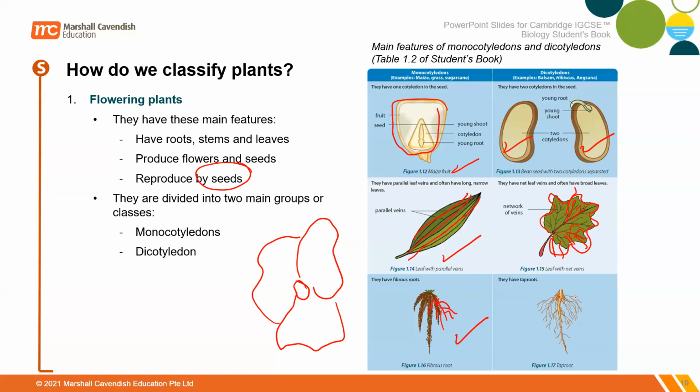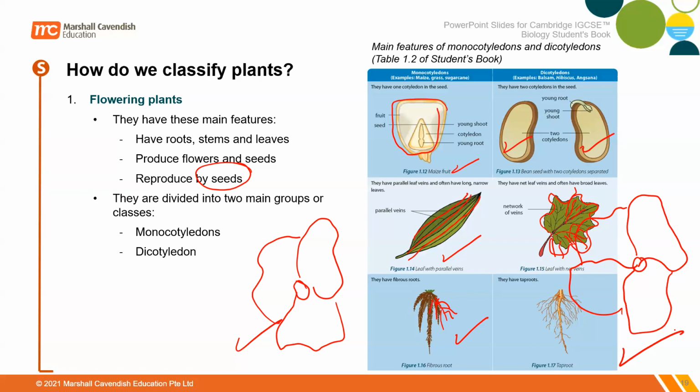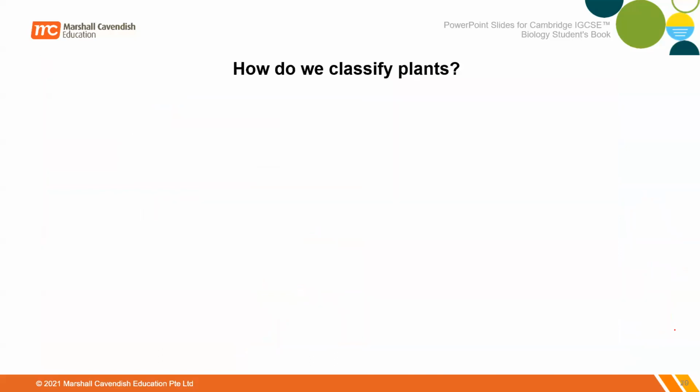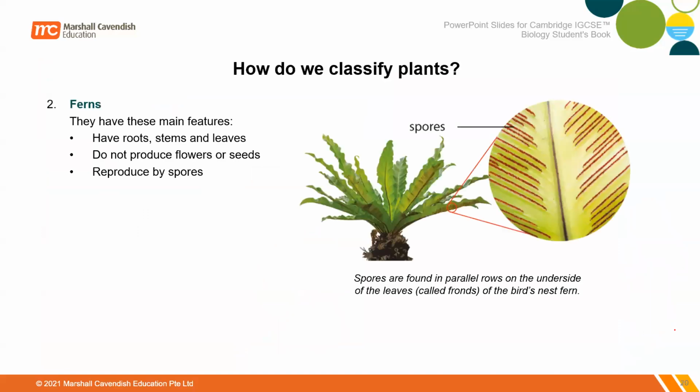The flower has petals in 4s or 5s, or multiples of 4 or 5. So you can definitely predict whether you have a monocot or dicot plant from the shape of the flower.